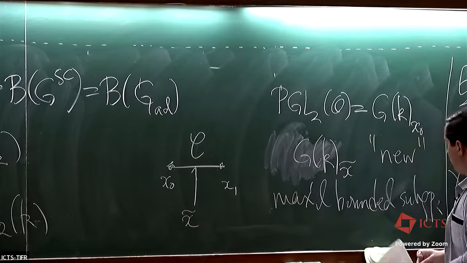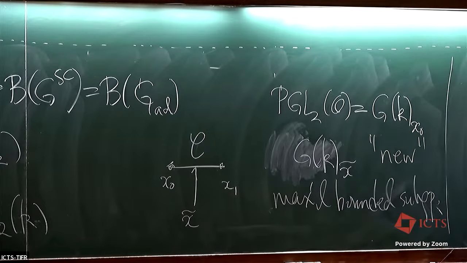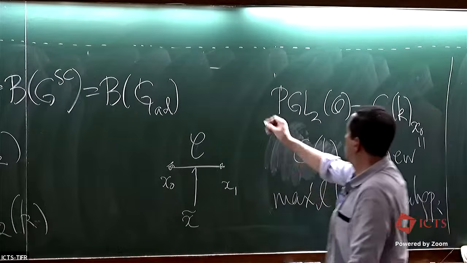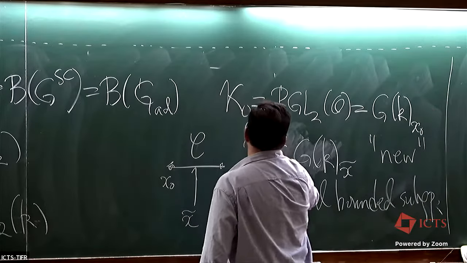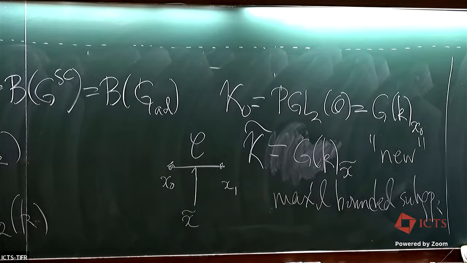Okay, but let me point out one other interesting thing. I want to come back to the integral structures. So in this case, maybe I'll call this thing K0 and this thing K tilde. It turns out that this K tilde is also a maximal bounded subgroup.